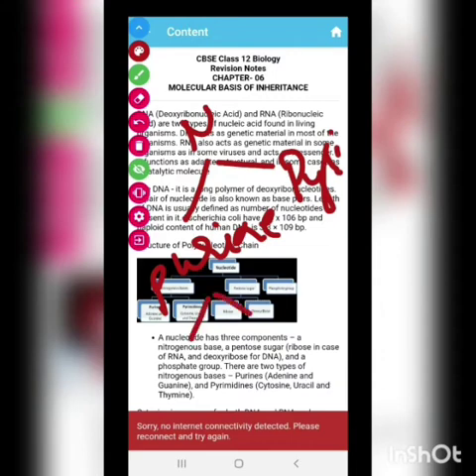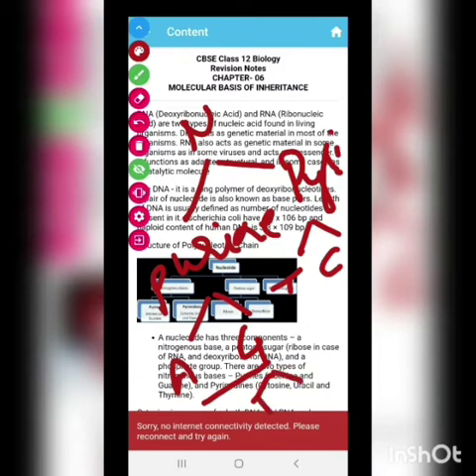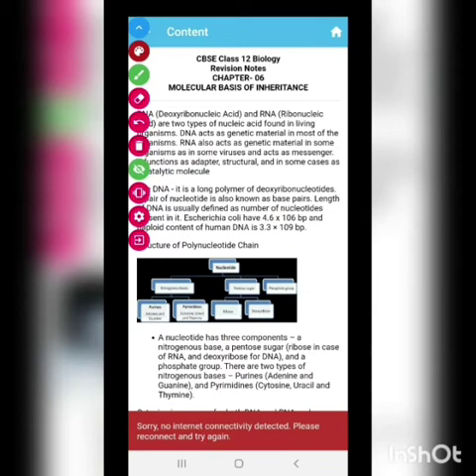Purines are of two types again, adenine and guanine. And pyrimidines are also two types, cytosine and thymine. Purines have two ring structure, one hexagonal, one pentagonal ring, and pyrimidines have only one hexagonal ring. That's it. So this is the combination of DNA.